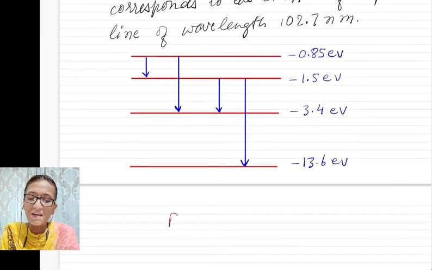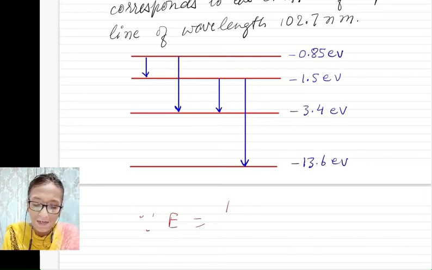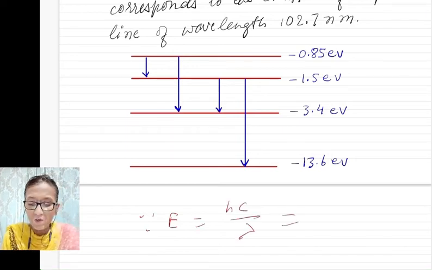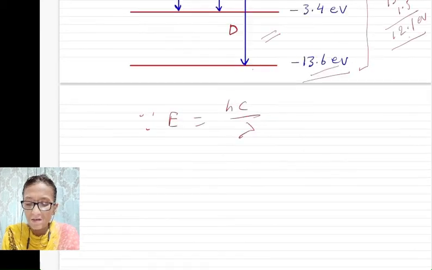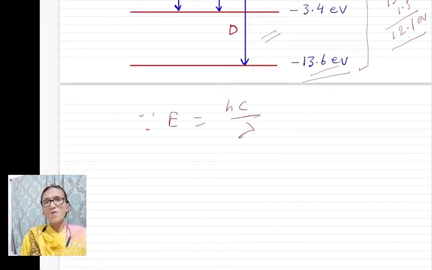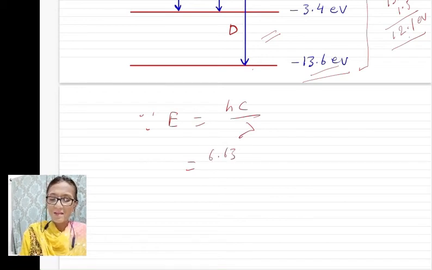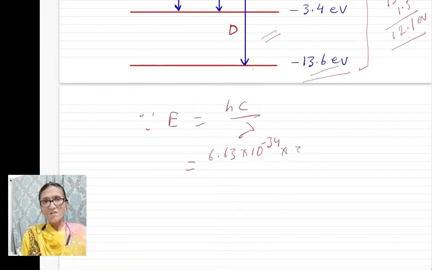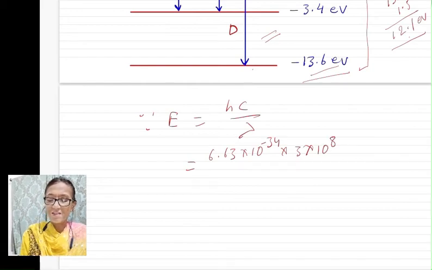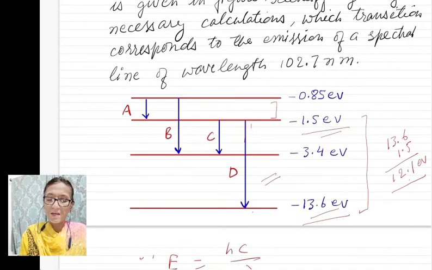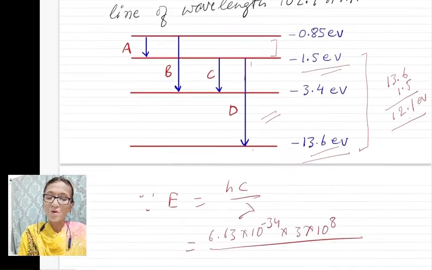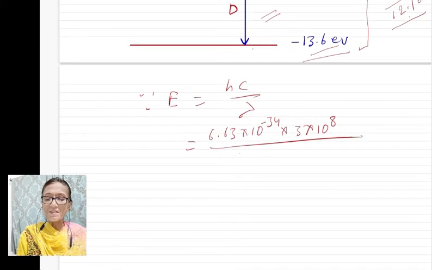So what is energy? We know that energy is equal to hc upon lambda. Now, on putting the value of hc and lambda in this equation, h is nearly 6.63 into 10 to the power minus 34, and c, velocity of light, is 3 into 10 to the power 8 divided by the wavelength, 102.7 nanometer.